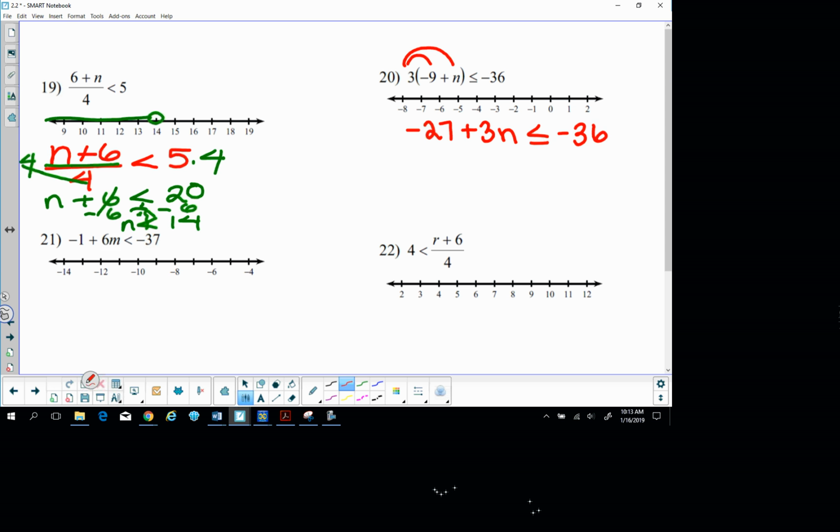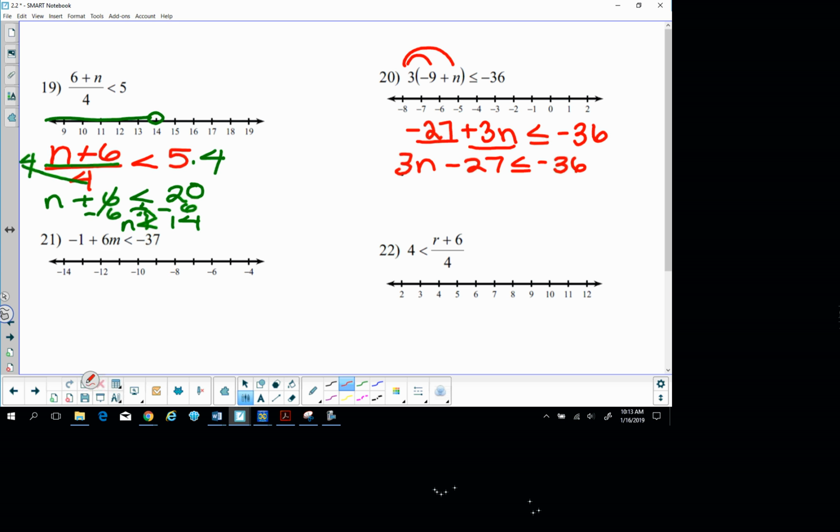Go on number 20. If it helps you, you can rewrite it with its lunch tray, right? So we see positive 3n, and we see 27's lunch tray is negative. So we can rewrite it like that. Just be careful that the sign is the same thing that's in front of it.